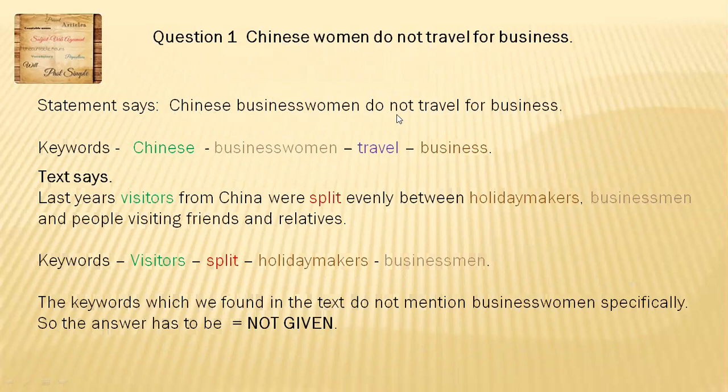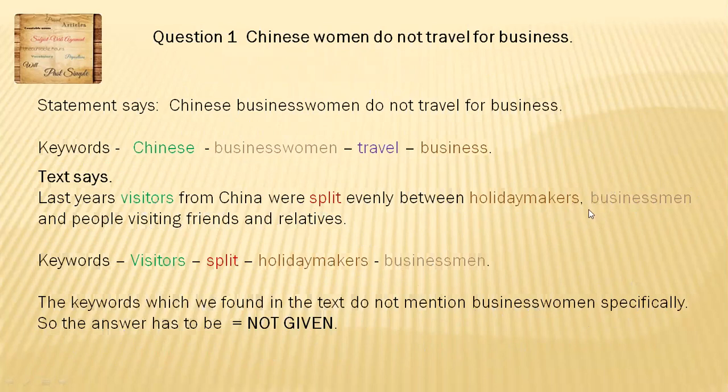So question 1, Chinese women do not travel for business. Keywords, Chinese, businesswoman, travel business. The text says, last year's visitors from China were split evenly between holidaymakers, businessmen, and people visiting friends and relatives. The keywords which we found in the text do not mention businesswomen specifically, so the answer has to be not given.